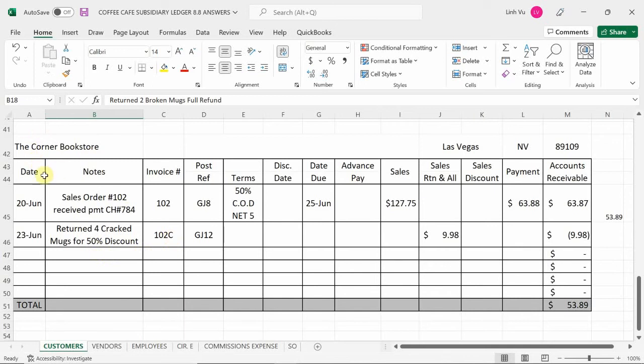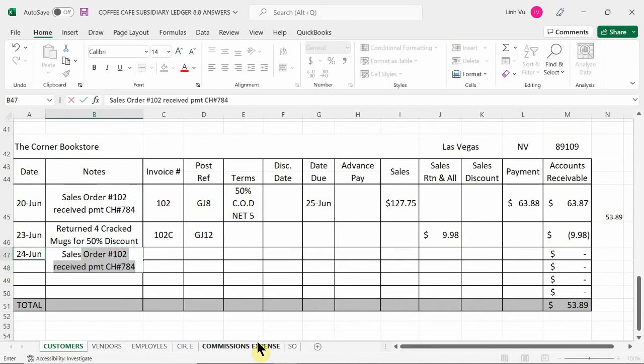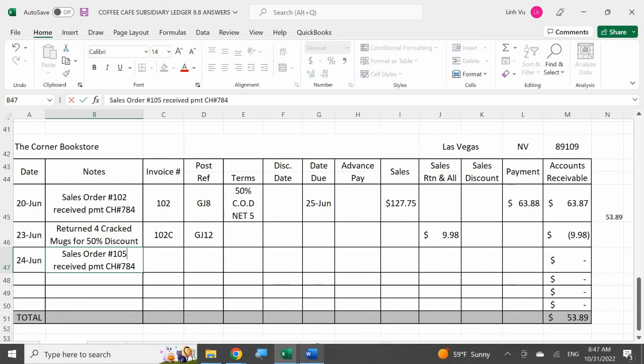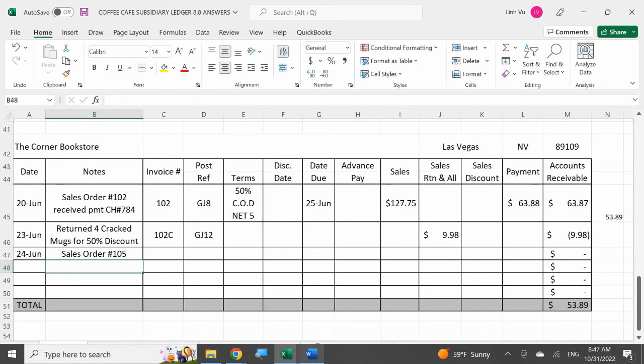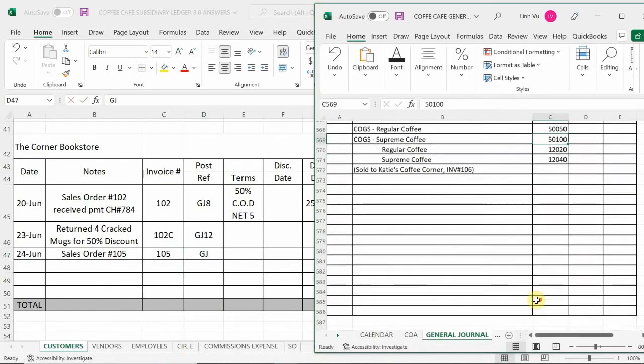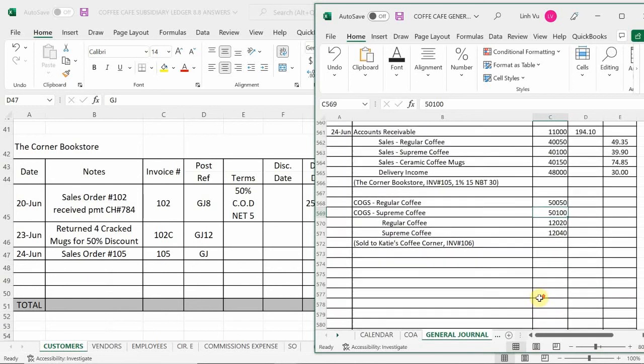Okay, so here we go. Corner bookstore. Sales order 105. Still on page 14.